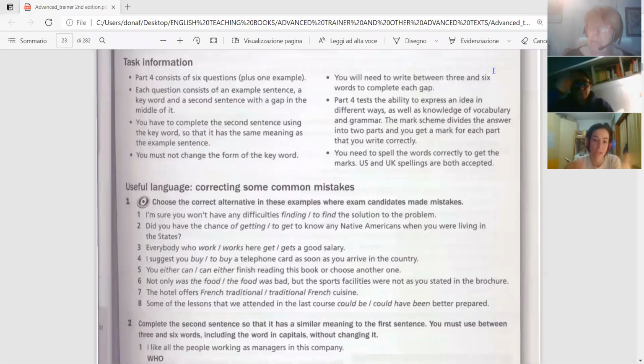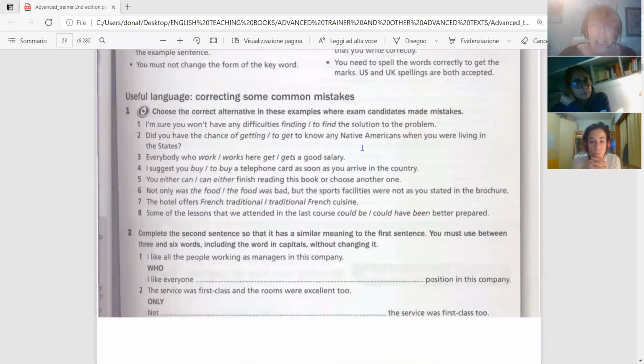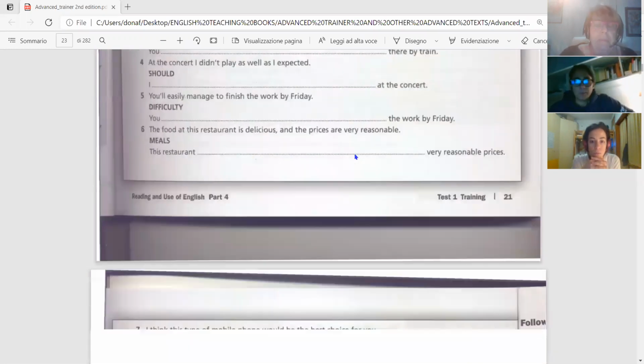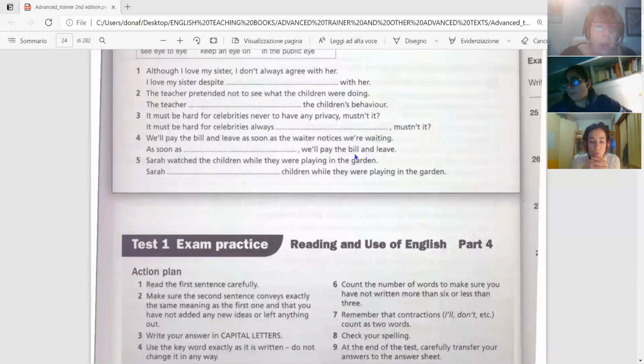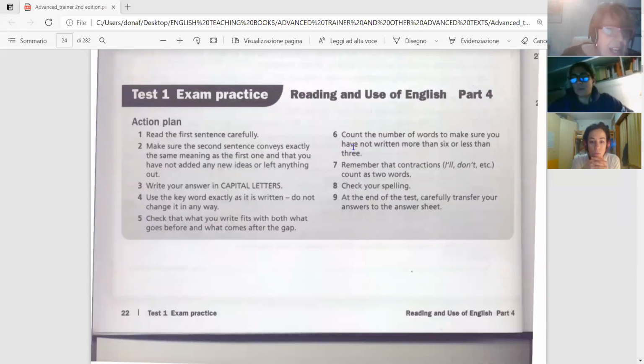So you have to change the sentence with other words, but with the same meaning, and using one word that they give to you, without changing that word. So if it's a verb, for example in the past tense, you have to use it in the past tense without changing it at all. And you can use from 3 to 6 words, I think.